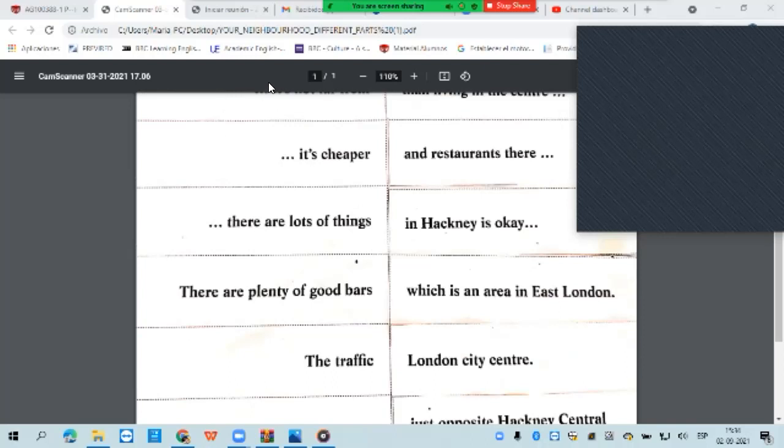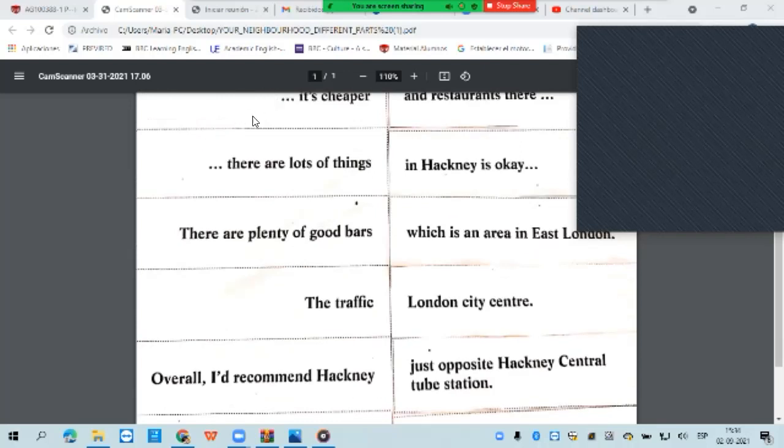Yes, that's correct. Let's see the next one, Daniela. Traffic in Hackney is okay. Good. Let's see the next one.